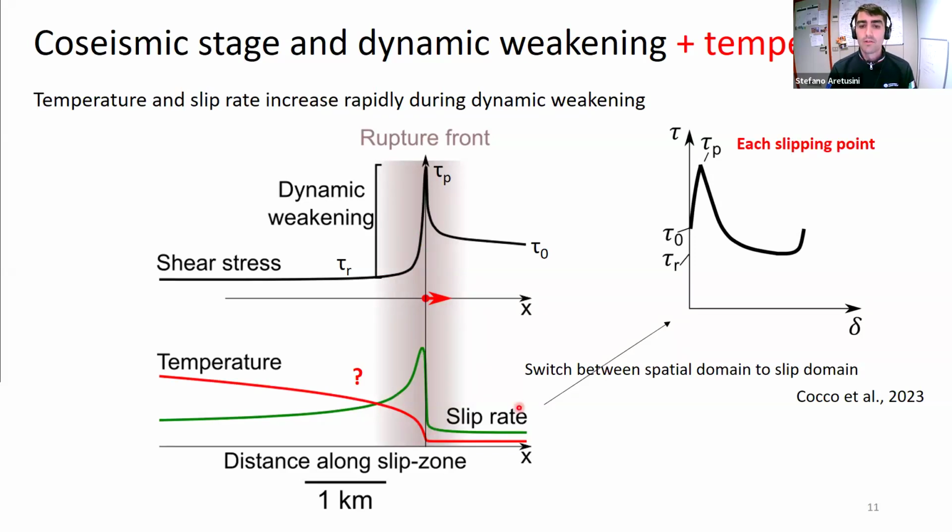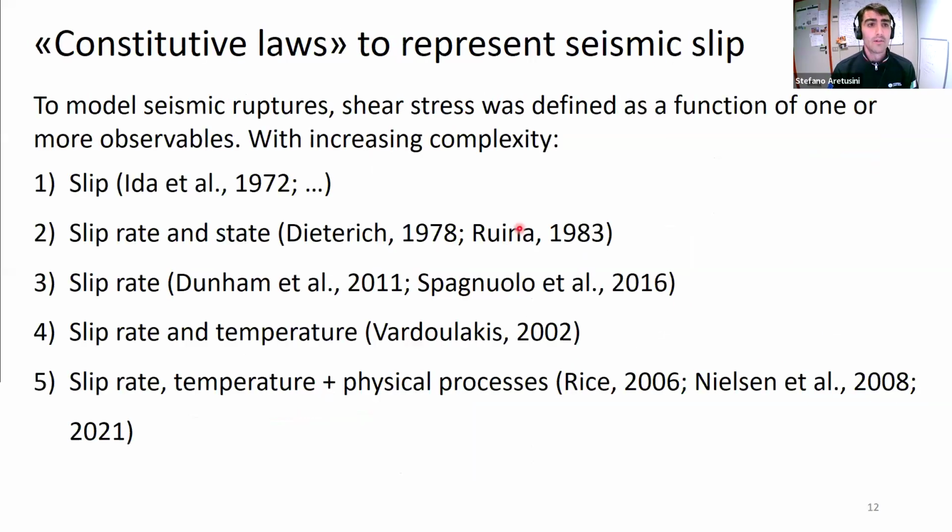If we take one single point on that simulated fault plane, we can see that its slip history evolves with slip in terms of shear stress from the tau zero, tau peak, and tau r values. This evolution of shear stress is called a constitutive law. Constitutive laws have been used since the 70s to model seismic ruptures, and they define shear stress as a function of one or more observables.